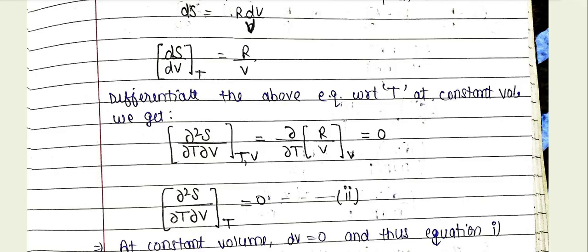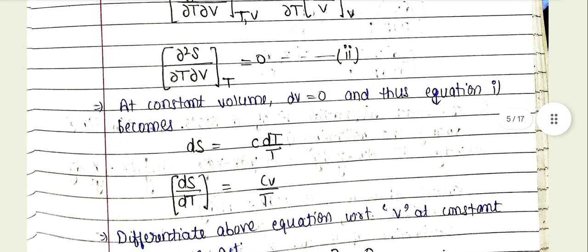We get delta square S upon delta T delta V at constant V is equal to delta upon delta T of R upon V, at constant V, which is equal to 0. Del square S upon del T del V at constant T gives second equation.